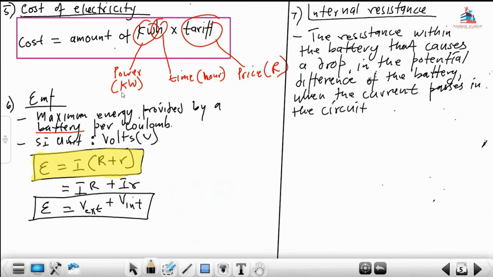So this is now what internal resistance is.